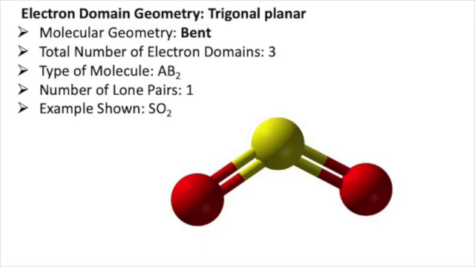If we switch to the next slide, we'll see that this is because it has a lone pair of electrons on the other side of the 2 oxygen atoms, and this evenly distributes the electron domains, which we'll see when we pull up the balloons. So the total number of electron domains would be 3.